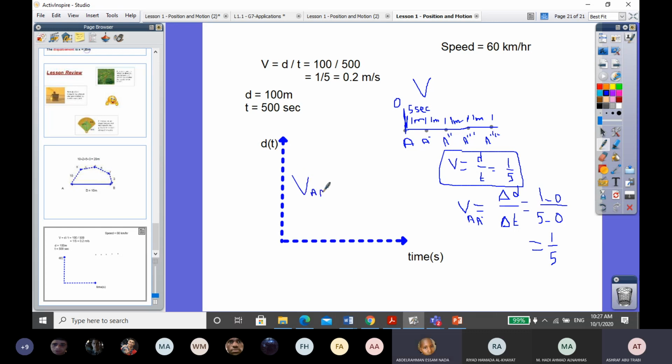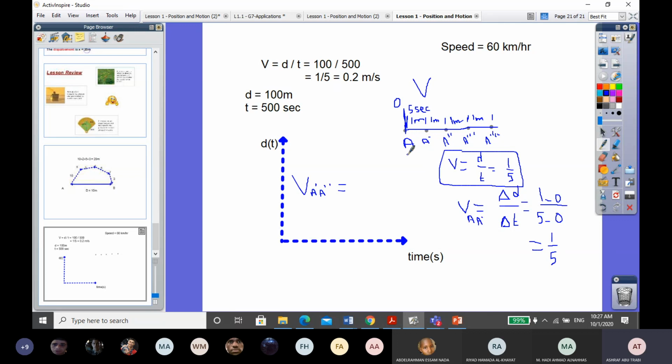Can you solve from A prime to A double prime? Yes, A prime to A double prime. We will solve it together, guys. Go for it. Now, if I want to know from A prime to A double prime, first of all, the displacement.